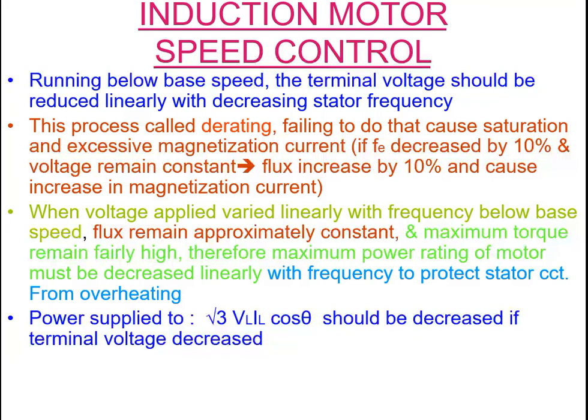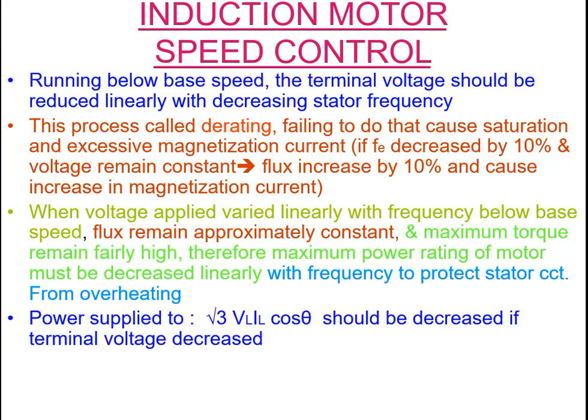Suppose I reduce the frequency by 10% and maintain the voltage constant, then my flux is increased by 10 percent. If my flux is increased, then automatically my magnetization current is also increased.